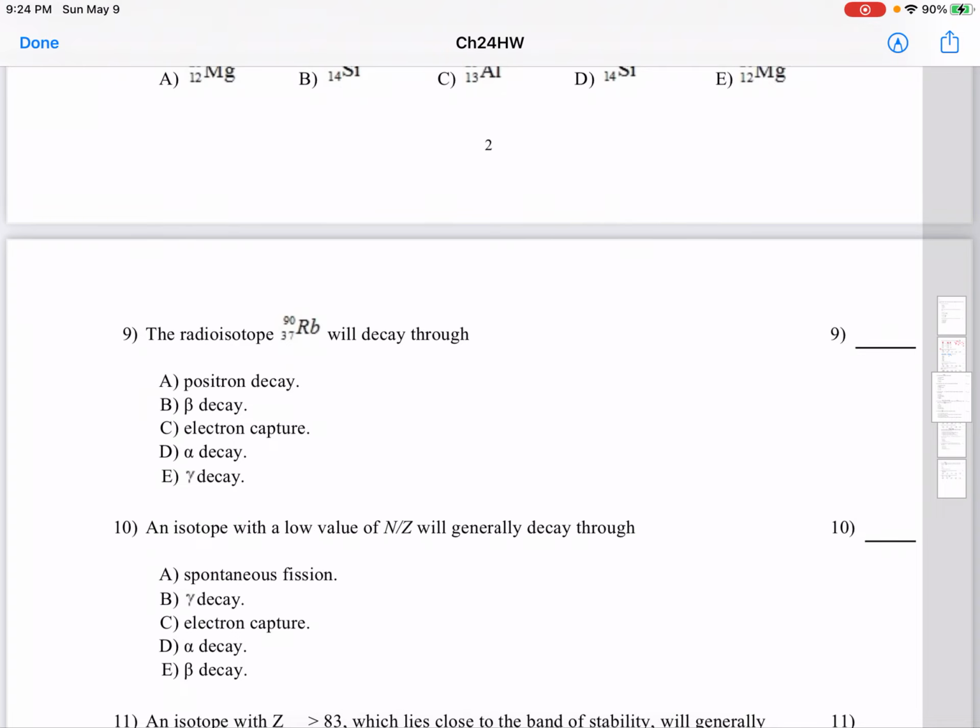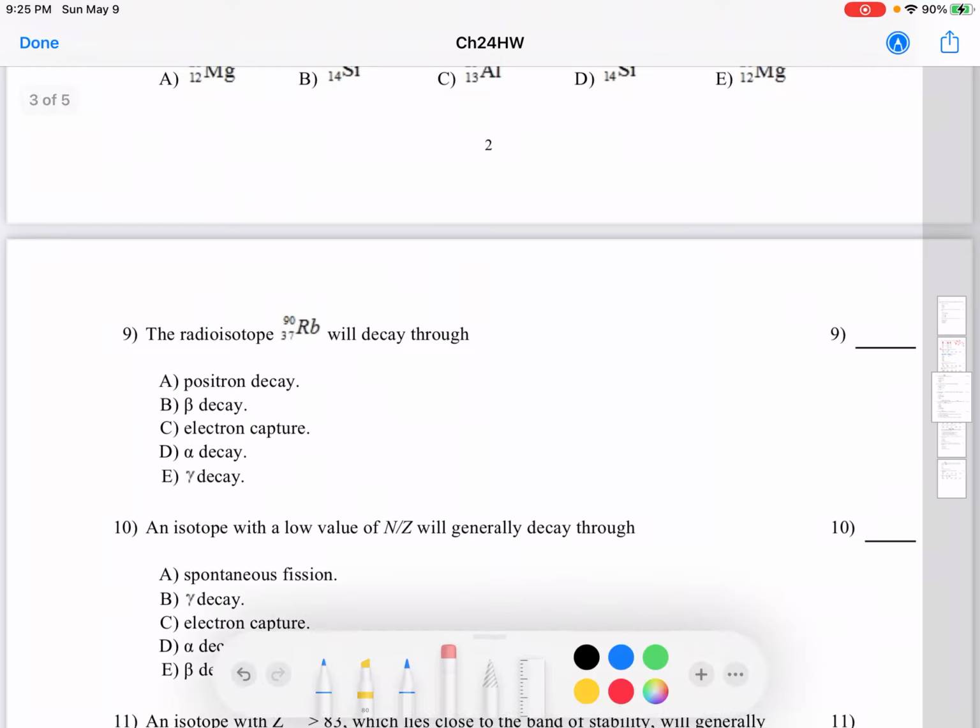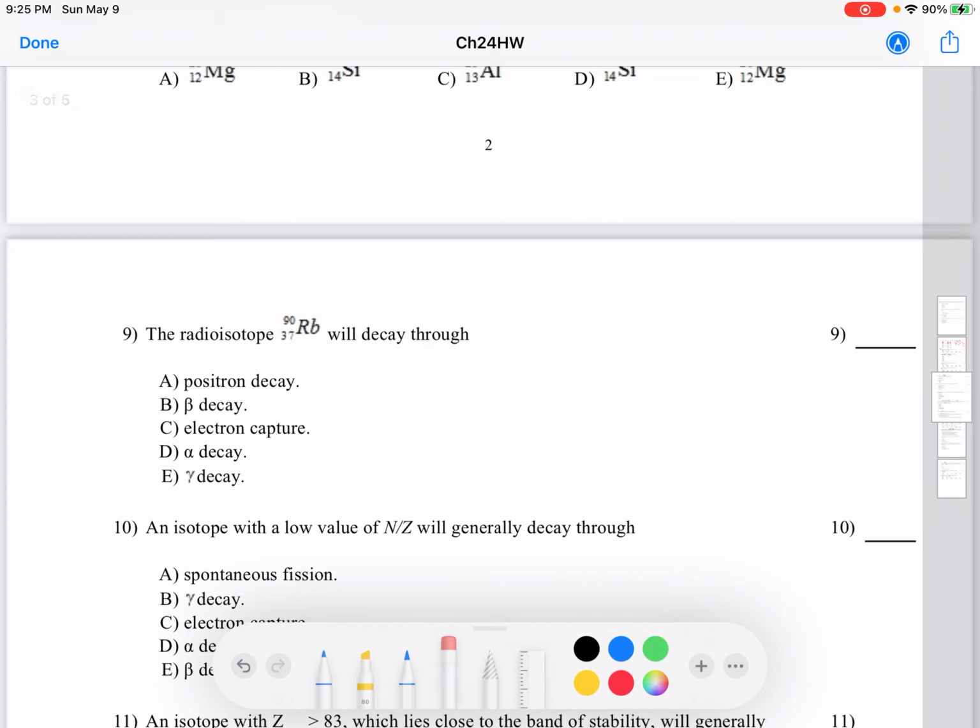Number 9, the radioisotope rubidium 90, 37 will decay through... what do you think it's going to decay through? Remember, we learned in our lecture, we want to see whether it is proton rich or neutron rich. Okay, so rubidium. What you're going to do is look up rubidium in the periodic table and find out its mass number.